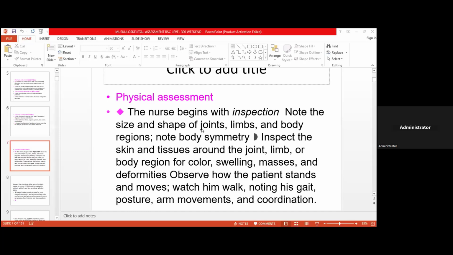How big is the joint in terms of its swelling? Is the shape normal or abnormal? The limbs: is the patient able to throw the limbs normally as the patient walks, or are the limbs being thrown abnormally when the patient moves away from you? And the body regions: the chest, the back, the hip, the abdomen. These are the regions.